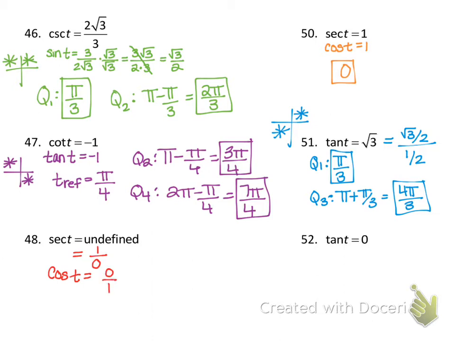So now we're asking, okay, where is cosine equal to 0? And those two values are pi over 2 and 3 pi over 2. Again, your quadrantals on those axes.